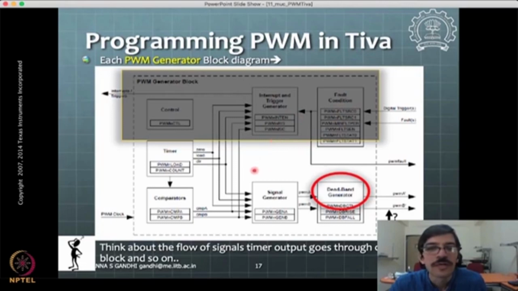So you can look at those details if you are interested. But we may not need the PWM interrupt mode of operation of PWM. What we want to do is generate these PWM signals and be able to control the duty cycle continuously, so that we can deliver to the actuator in mechatronic systems the right amount of energy that is needed.